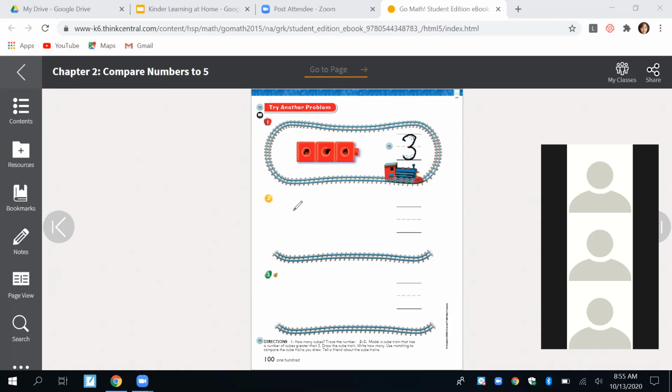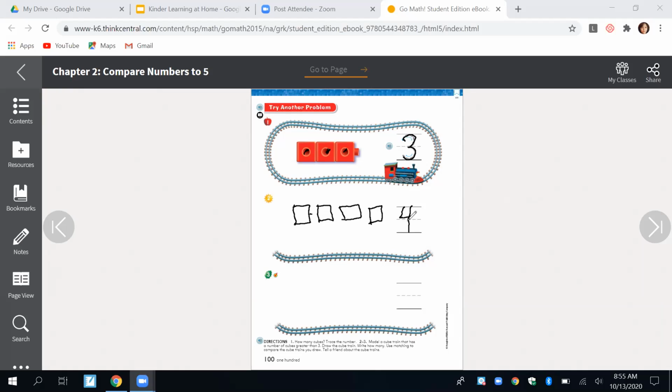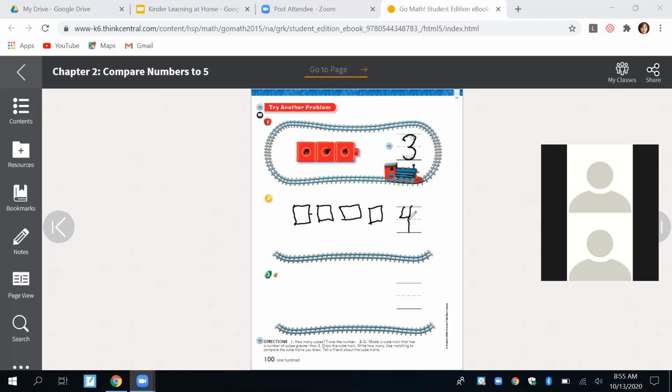Okay, I'll do 4. 1, 2, 3, 4. And I'm going to write my number so I don't forget that I drew 4. Okay, what is my next step? How can I compare them to make sure the number 4 is greater than 3? What's my next step? I'm going to ask. Match. Yes, match with a line.